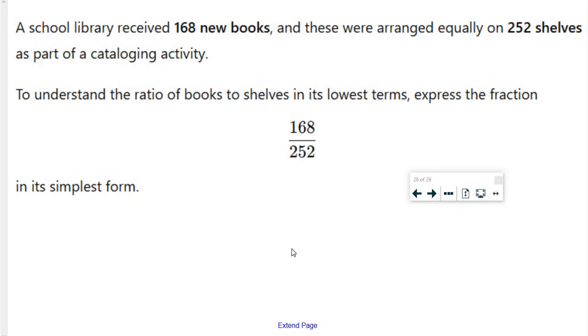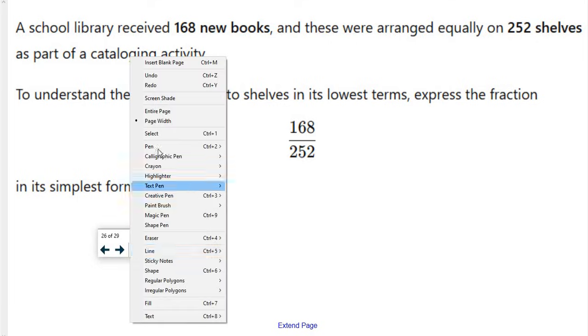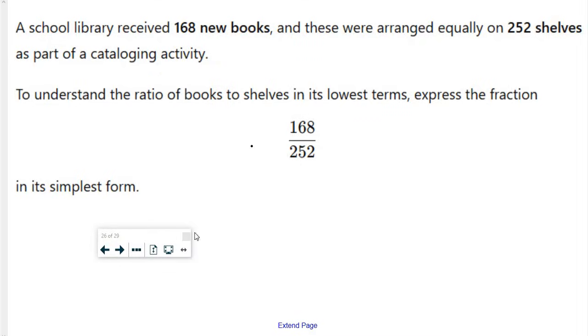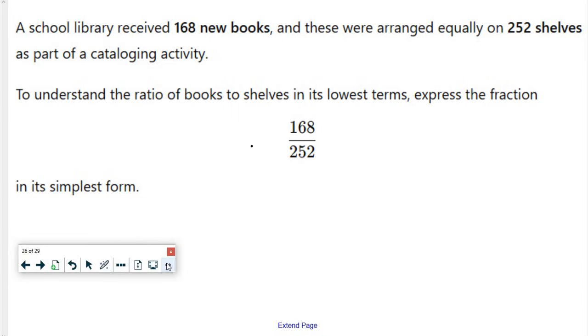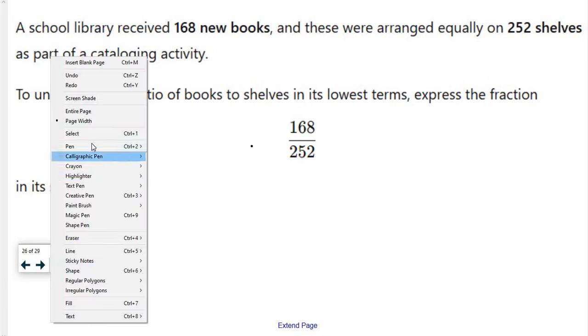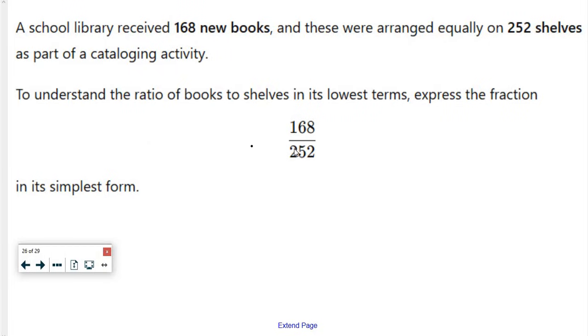To understand the ratio of books to shelves in its lowest terms, express the fraction 168 upon 252 in its simplest form.